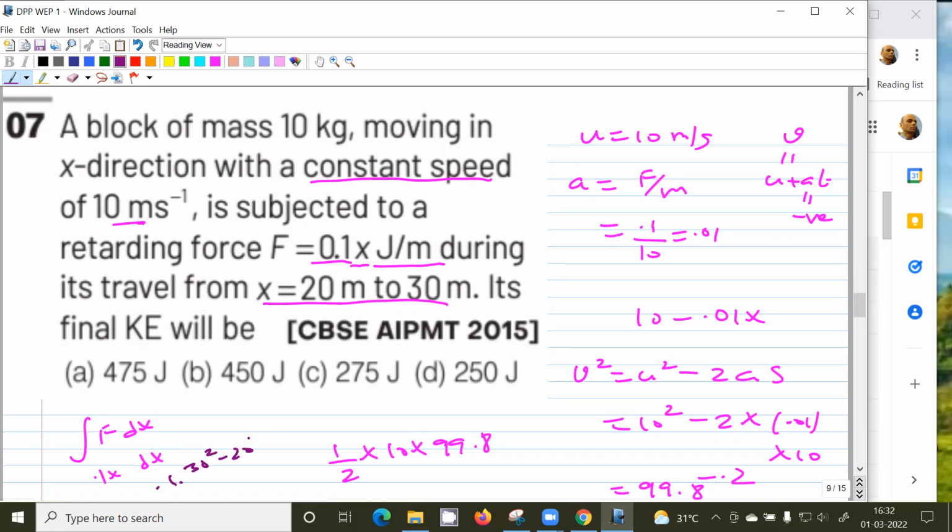That is 30 square minus 20 square by 2. 900 minus 400 is 500. So 250 is 25. Okay, and so then these things are not required.